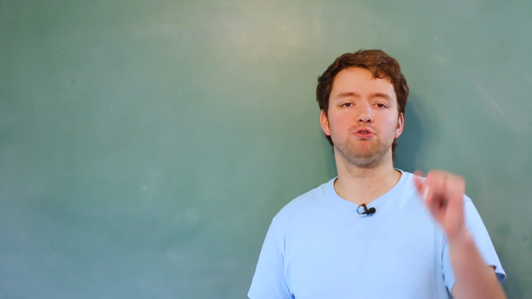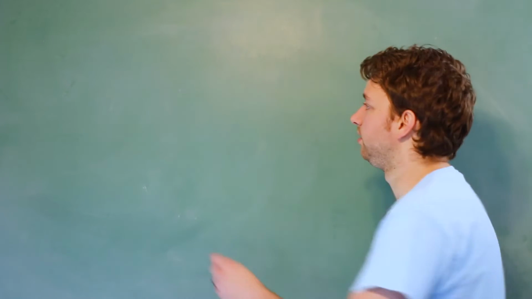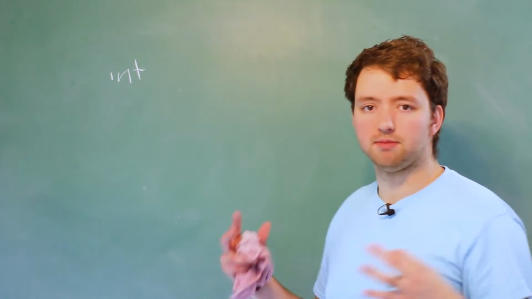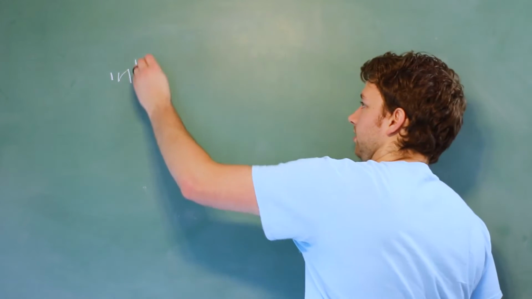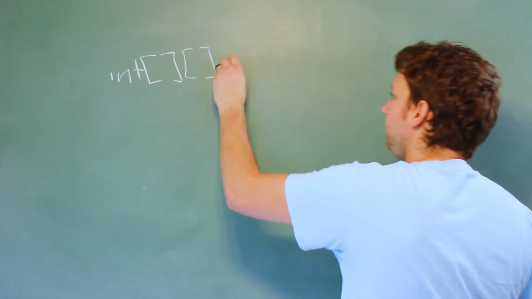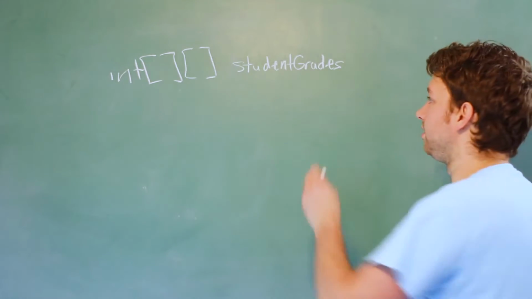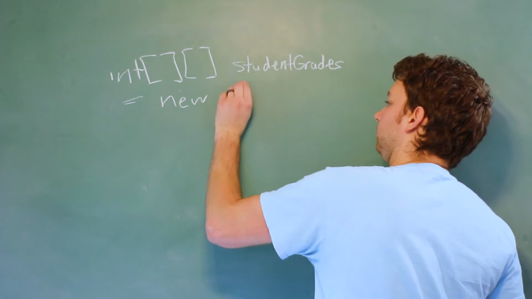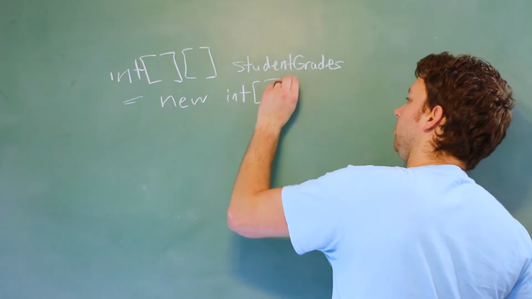So here is how to create a 2D array. You say the type, so they all need to be the same type. Then you're going to put two square brackets, two sets I should say. Give it a name, and what you're going to assign to this is actually a new integer 2D array.